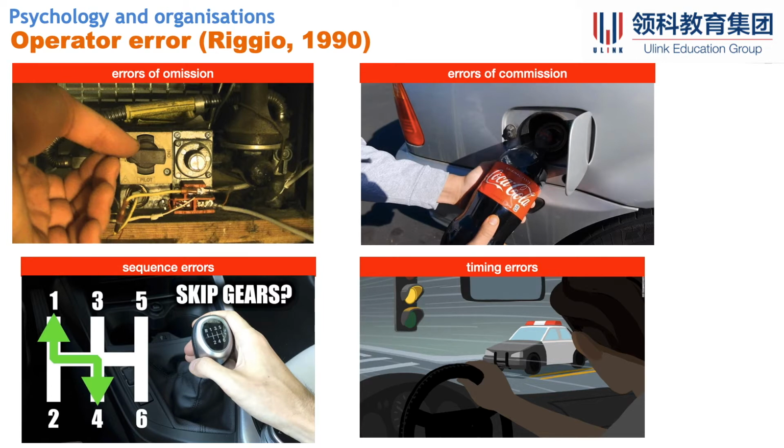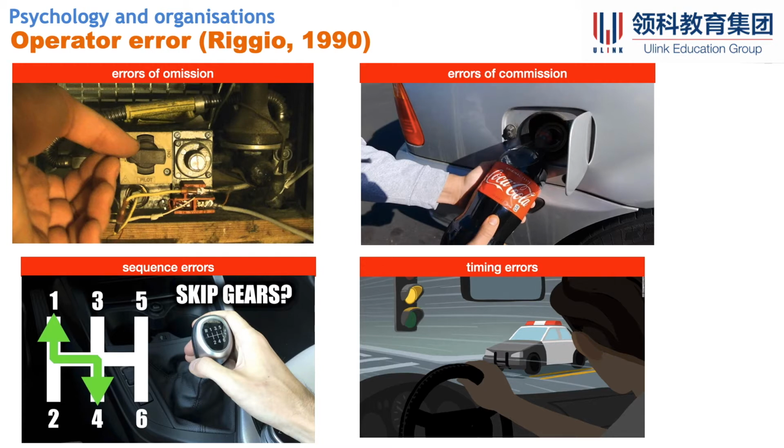These could be errors of omission, where you forget to do something, errors of commission, where you purposely do something, sequencing errors, where you do things in the wrong sequence or the wrong order, and timing errors. So here is one source that a textbook chooses to use in Riggio. You're welcome to know this, not too difficult to memorize, especially since omission and commission rhyme.